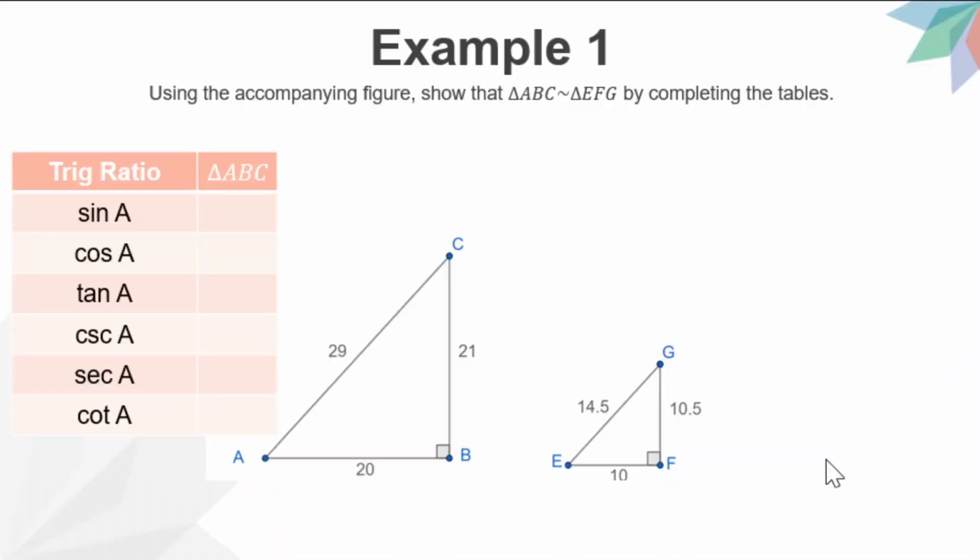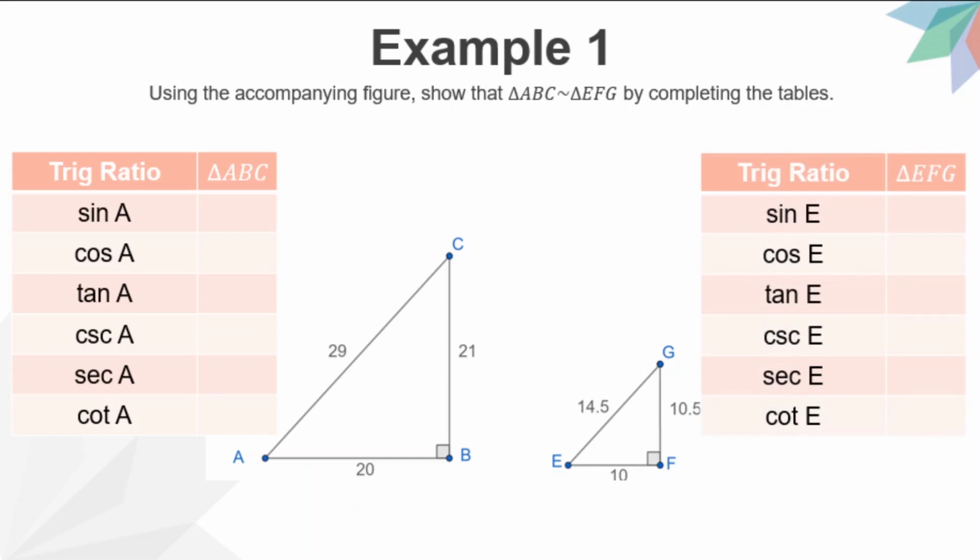Now let us look at the ratios of the other triangle. The other triangle will be referring to angle E to get the ratio of the sides. What we need to prove is that the two triangles are similar by comparing their trigonometric ratios.